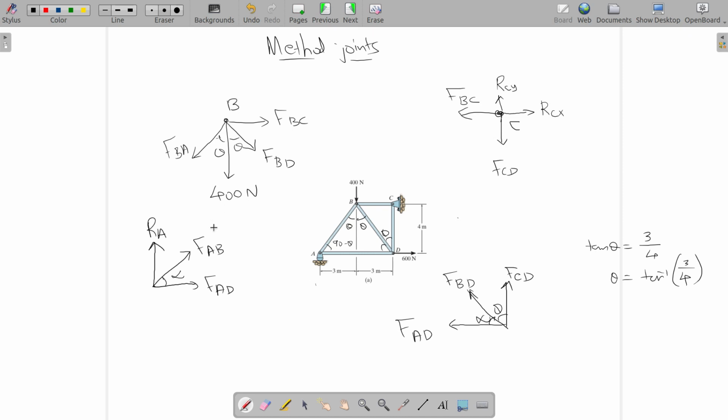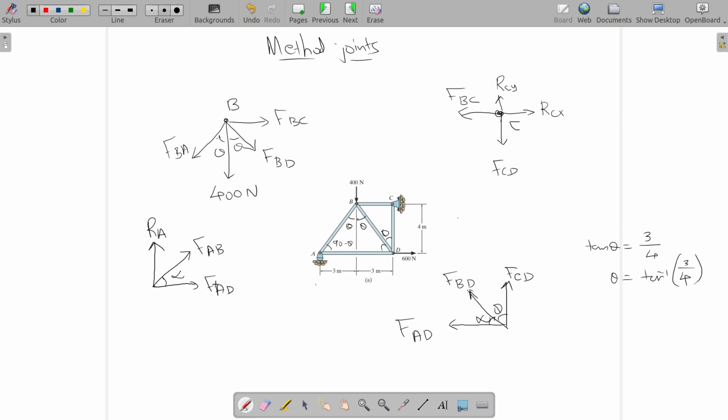So if you want me to suggest a starting point, I'm trying to consider two systems together so that you can solve it.